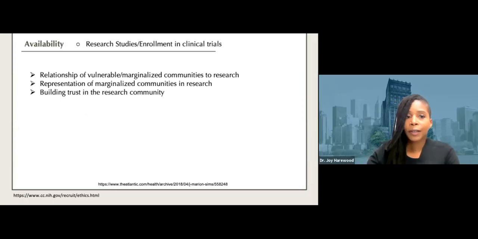So this is what I was touching upon previously when it comes to availability. A lot of the time there are research studies that we can enroll our patients in which may allow them to get access to care. However, there are many marginalized populations, vulnerable populations in particular, that have a fraught history when it comes to the medical research industry, and their skepticism is 100% warranted.